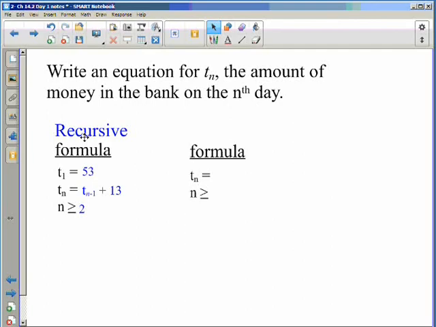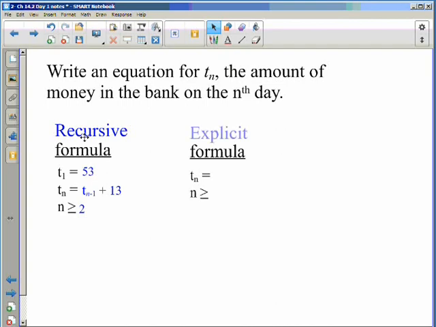And we have to start at n greater than or equal to 2, because if we start with 1, this value here becomes T sub 0, and that value doesn't exist with the way we define this. So we want to have a constraint that says n is greater than or equal to 2. That's not a big deal, but it's kind of formal in how we say the recursive routine.